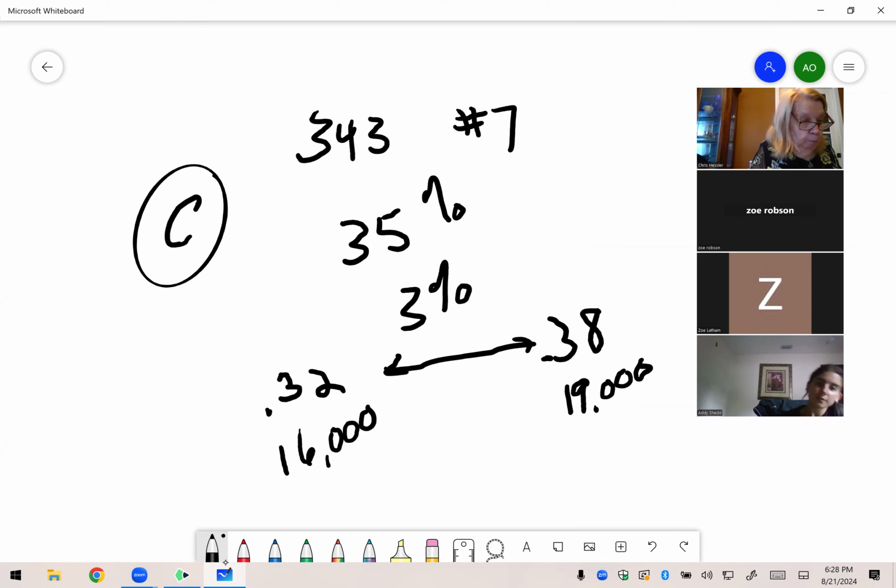Oh, you still have this page to do too. One second. I have a page I skipped, but I found what I wanted to do.